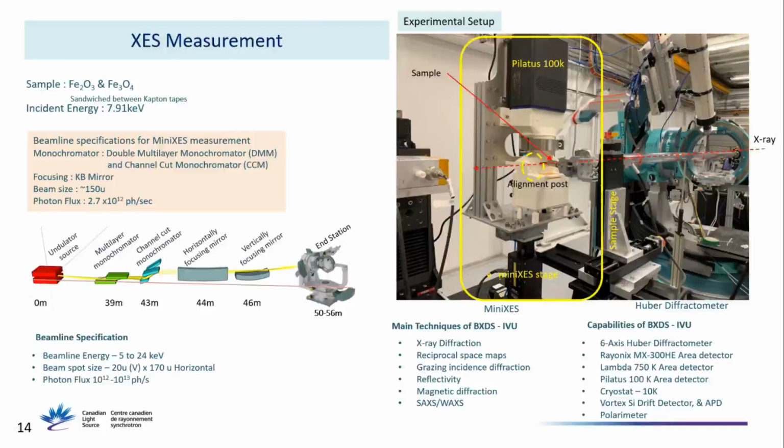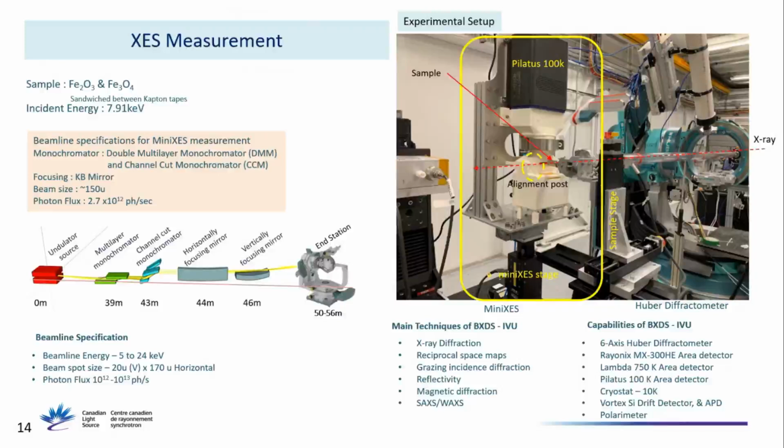As I mentioned, we have a 6-axis Huber diffractometer, and a Rayonix detector that gives about 70 micron resolution over 30 by 30 centimeters, and the Lambda detector, which is 55 microns, and the Pilatus detector that we are using here is about 170 microns. We also have a cryostat, a Vortex detector, and a polarimeter.